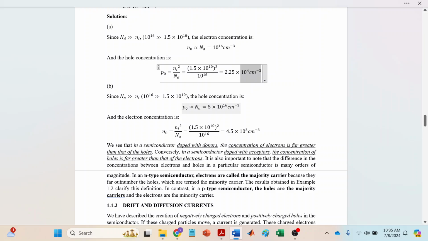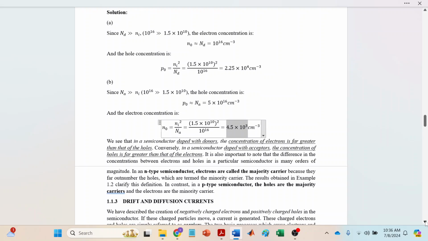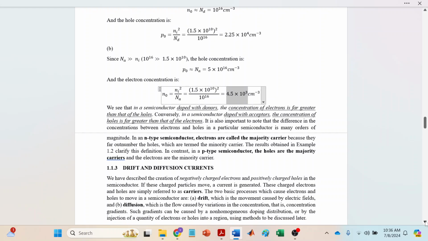Conversely, when a semiconductor material is doped with acceptor impurity or a group 3 impurity, the holes are the majority carriers because we have more of them, while the electrons are the minority carriers because we have fewer electrons. So it's important to note that the difference in the concentration between electrons and holes is very great by order of magnitude.